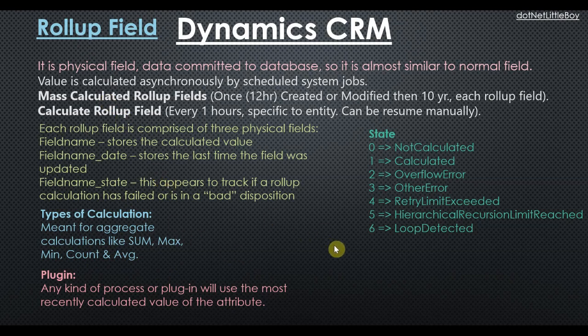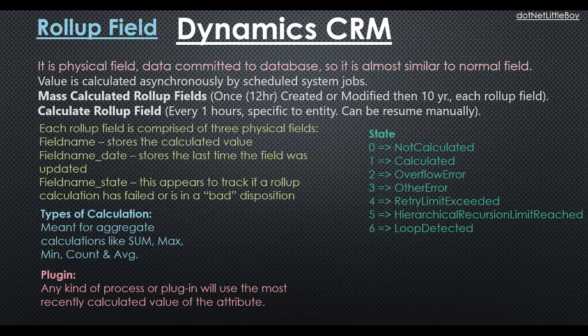Now the question is, can we use this value in a plugin, and can we use this rollup field in the trigger point? First of all, the rollup field is not entirely similar to a normal field, and that is why we cannot have the rollup field as a trigger point for your workflow or plugin.